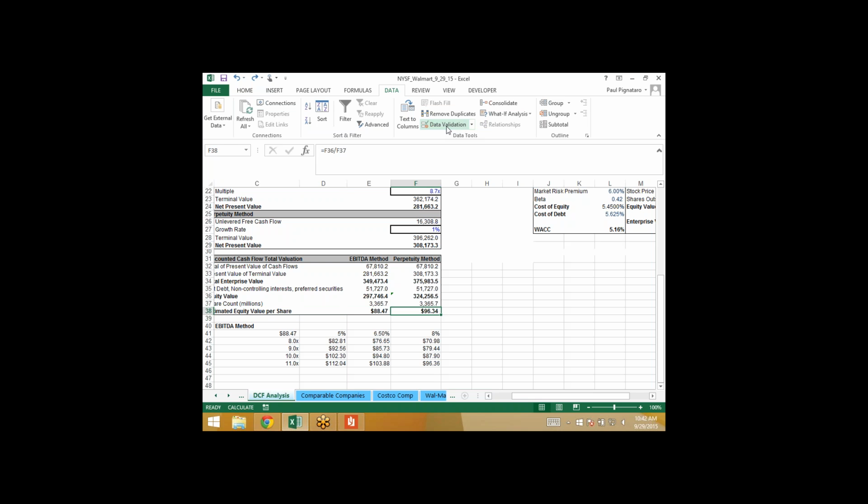Volatility goes up, beta goes up, WACC goes up, stock price goes down a little bit. You see a little bit more volatility, a little bit more risk in that stock. That's what this is saying. You might want to give a little bit more breathing room to the low end of that stock price. It could reduce a little bit. It's one way I'd interpret this sensitivity analysis.